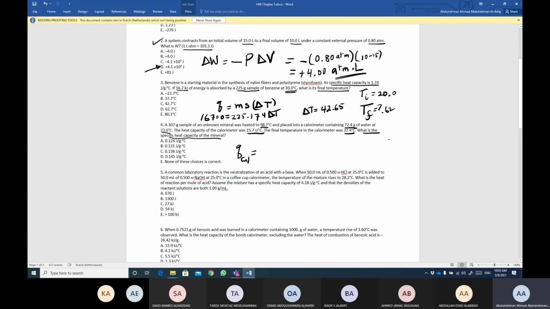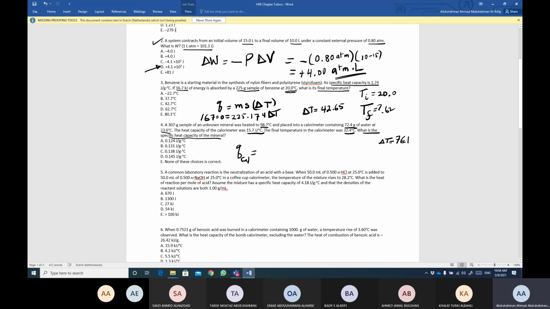First, before we even do anything, what's delta T in this question? 32.4 minus 23. 76.1, right? Am I right? If we are calculating for the calorimeter, yeah, of course, 32 minus 23.